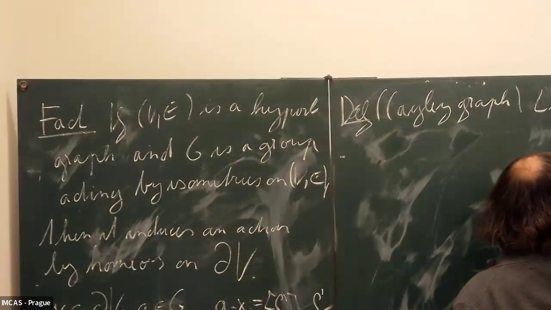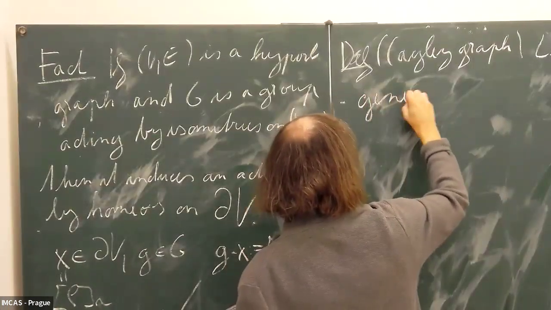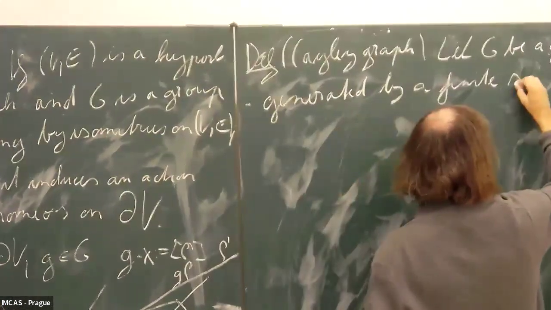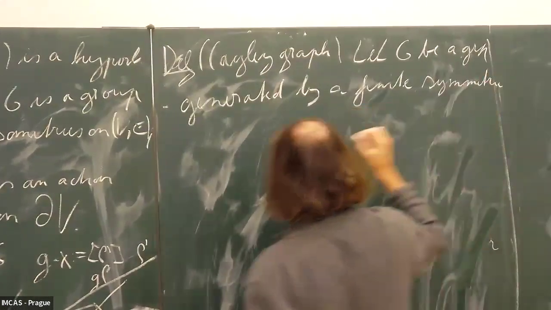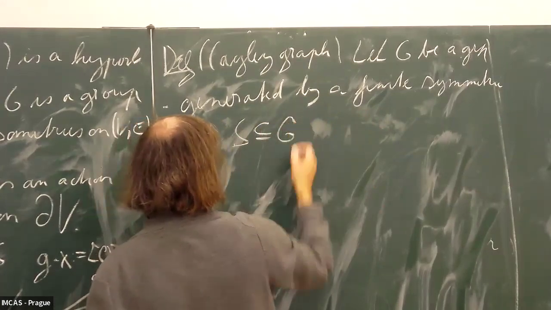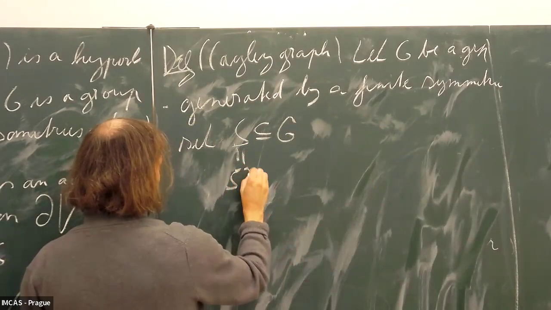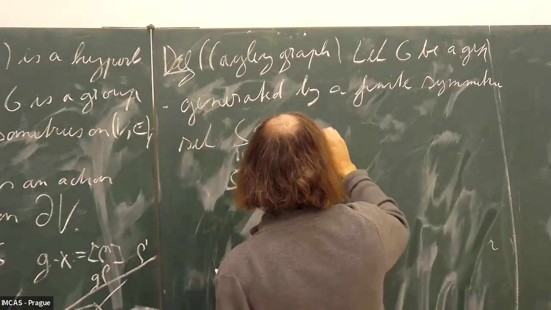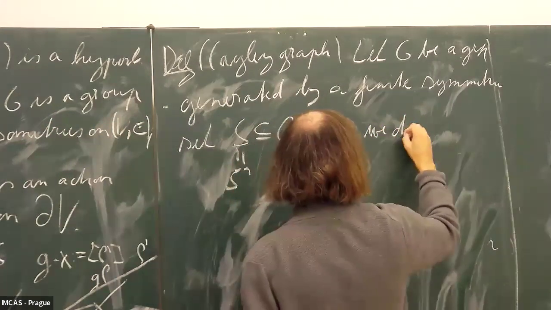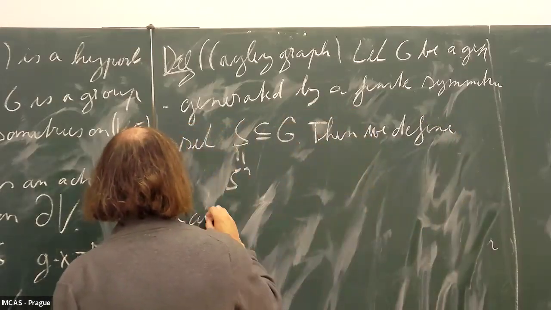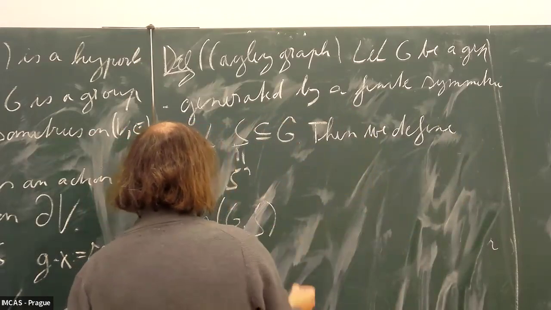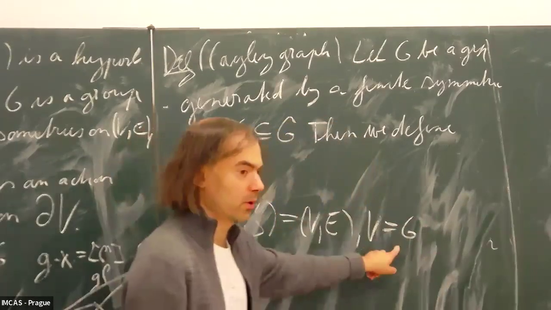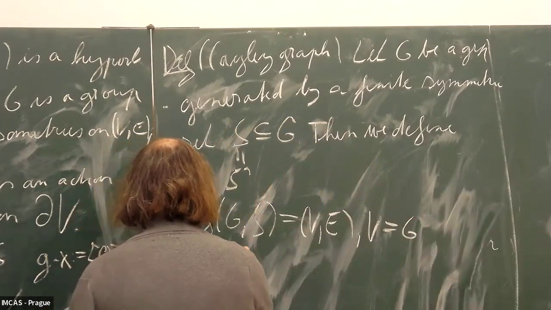For a group generated by a finite symmetric set S, symmetric means that S is equal to the inverses of S. Then we can define the Cayley graph: the set of vertices will be the elements of the group, and the edges are the following.